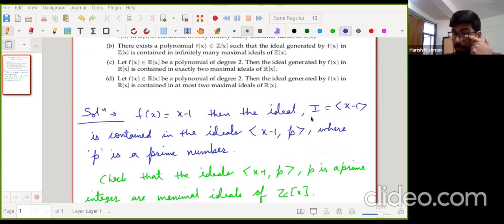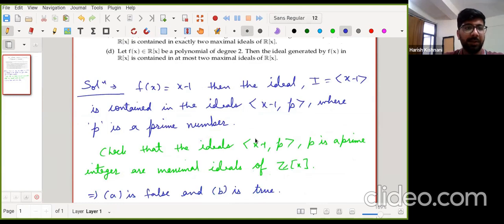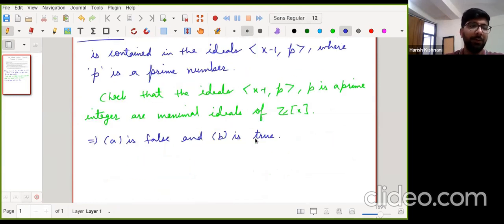So the third statement says that the number of maximal ideals that it is contained in is exactly 2, meaning it cannot be contained in one maximal ideal or more than 2 maximal ideals. So for that we have a counter example. If we take the ideal generated by f(x) to be the maximal ideal itself, then it would be contained in exactly one maximal ideal, that is itself.